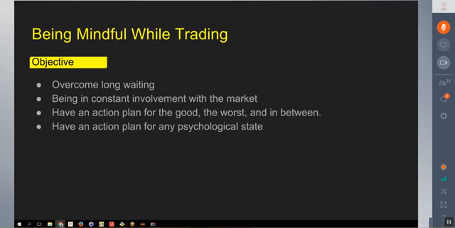So the thing is how we keep being mindful while we're waiting, and sometimes it's a very long wait, how we stay in the zone, concentrated and focused until price does us a favor and goes there and we start doing our work.